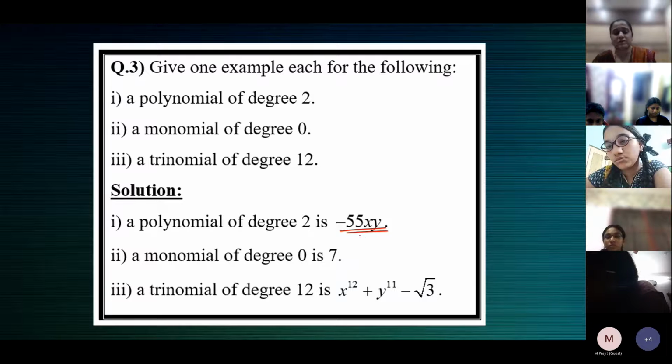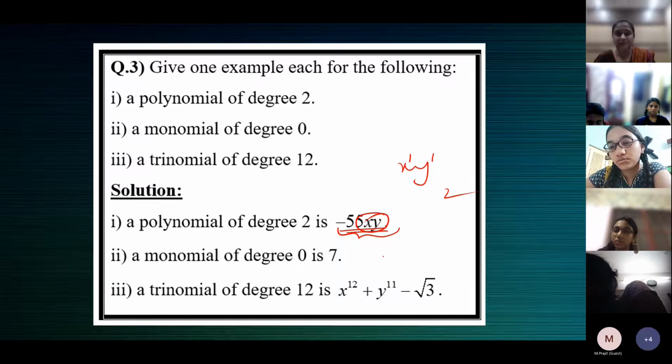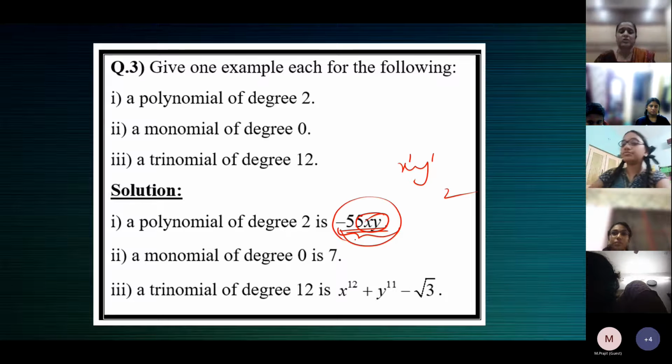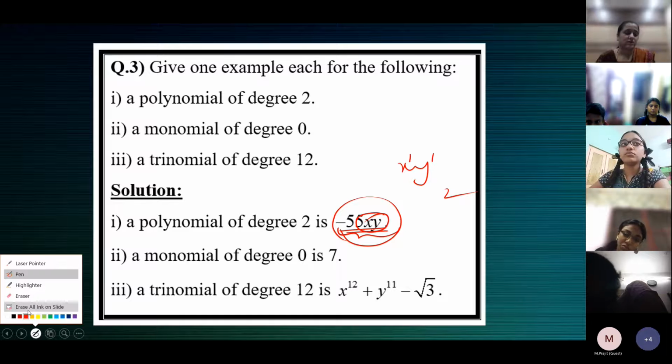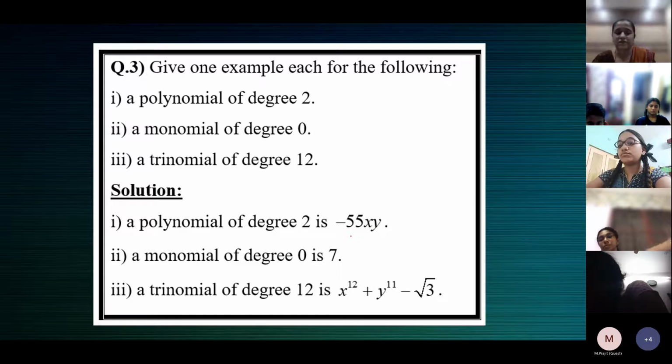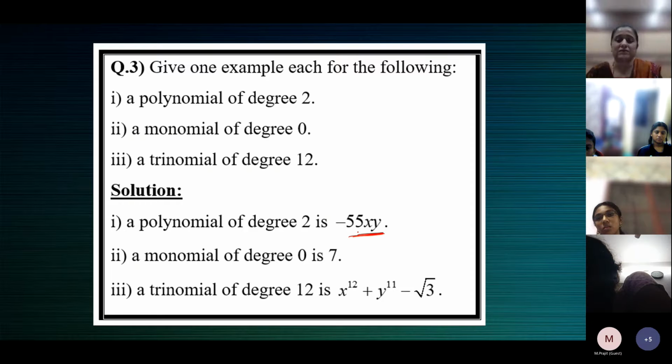This one is a monomial, and the degree is 2 because this is one term. There are two variables, x, y. So we should find the sum of the powers: 1 plus 1, 2. So degree is 2. This one is quadratic in two variables, x and y. This one is a monomial because there's only one term.